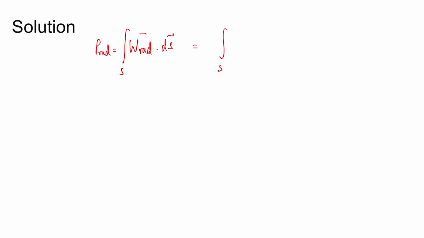So it is 1 by R square cos to the power 4 theta into C0 into R square sine theta d theta d phi. Now the limits: theta from 0 to pi by 2, phi from 0 to 2 pi.